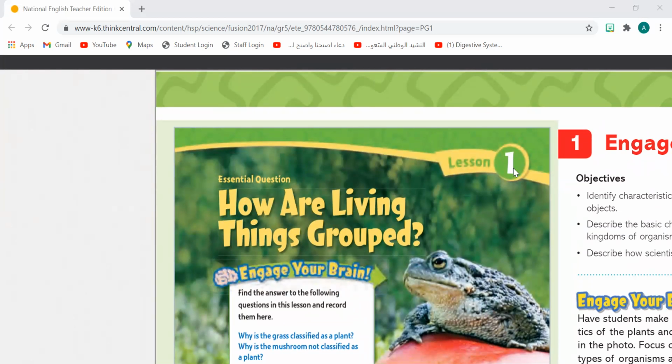Now, plants use what to make food? Sunlight. Yes, sunlight. Does a mushroom need sunlight to make food? No. But why is that? Why do you think?